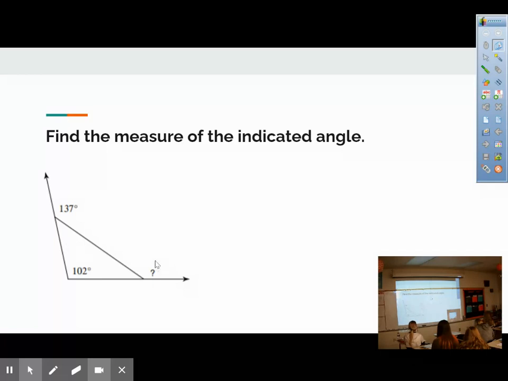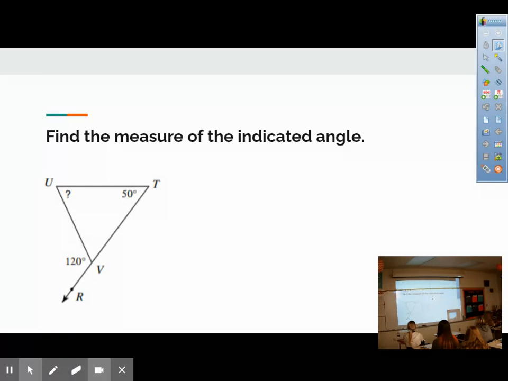Some people find it hard to see that, so if you are one of those people, I would suggest using the triangle sum theorem every time, finding the three interior angles and then figuring out what the exterior is after you do the 180.